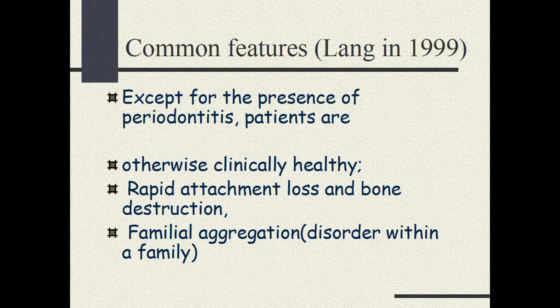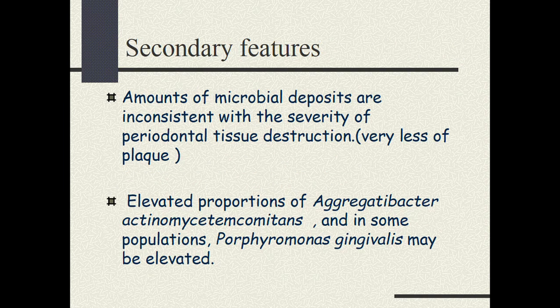Now, common features given by Lang in 1999: except for the presence of periodontitis, patients are otherwise clinically healthy. Rapid attachment loss and bone destruction. Familial aggregation of cases will be there. Secondary features that are generally present: amount of microbial deposit is inconsistent with the severity of periodontal tissue destruction.